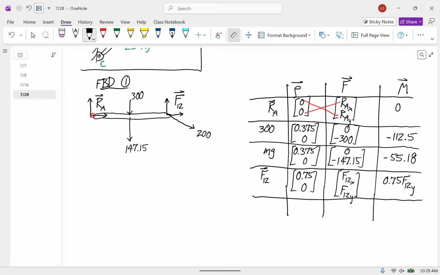And last is the 200 Newton force. So the rho vector is the same as it was for F12. The force vector is 200 times the cosine and sine of negative 10 degrees.